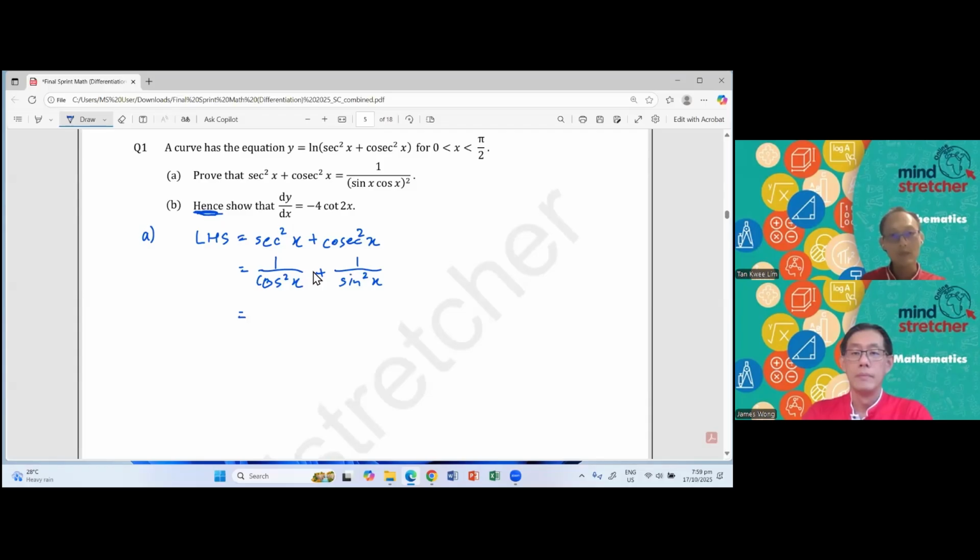Okay, so bringing these two fractions together, wait, let me rewrite this. So this should be sine square x plus cosine square x over.